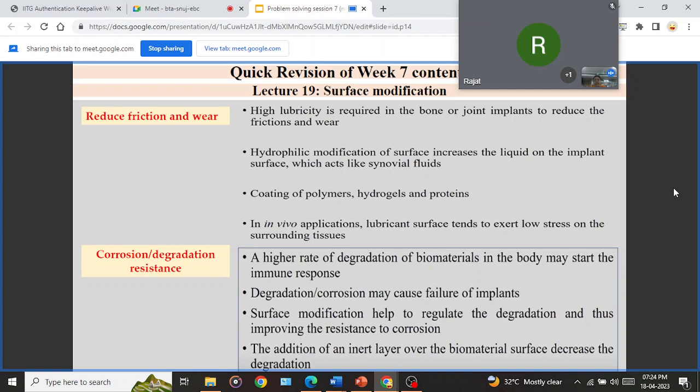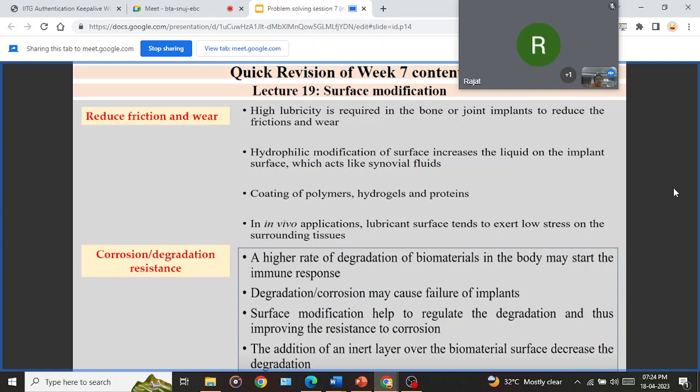Similarly, resisting the corrosion and degradation. Depending upon the function of the implants, we do not want the implant to degrade as soon as it enters the body, right? So what we want is degradation resistance. How can we achieve this?